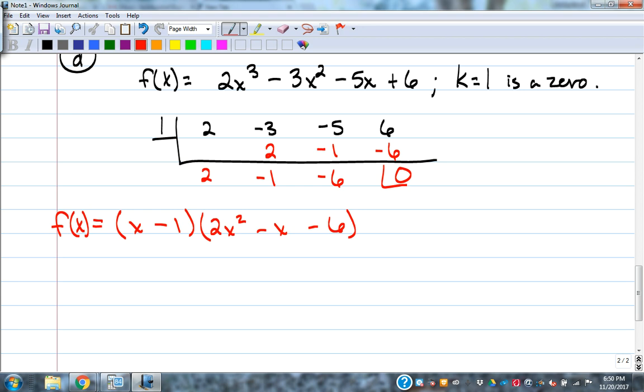Now we've got to factor that quadratic right there. We need to multiply to -12 and add to be -1. 2 times -6 is where the -12 comes from. 2 times -6 is -12. We needed to add to be -1. That'd be -4 and 3.